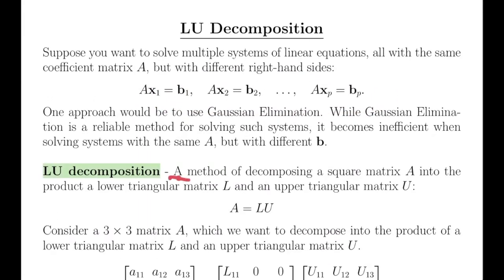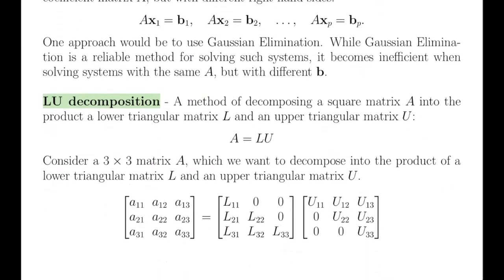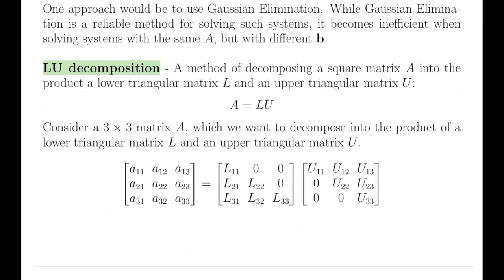It's a method of decomposing a square matrix A into the product of a lower triangular matrix L and an upper triangular matrix U. So we're basically writing A as L times U. Remember, a lower triangular matrix is a square matrix that has zeros above the main diagonal. And an upper triangular matrix has zero entries below its main diagonal.